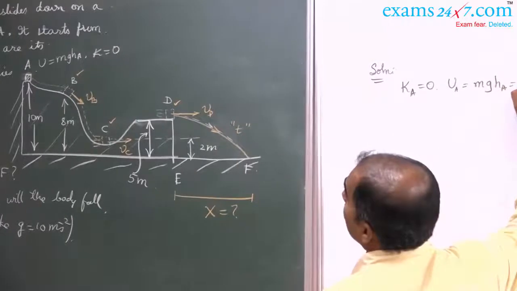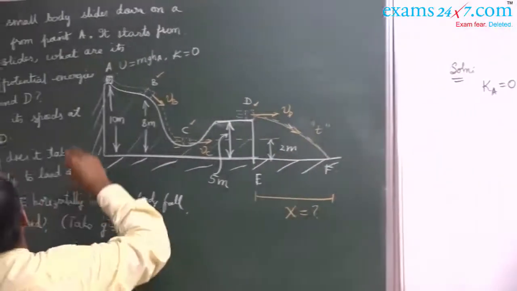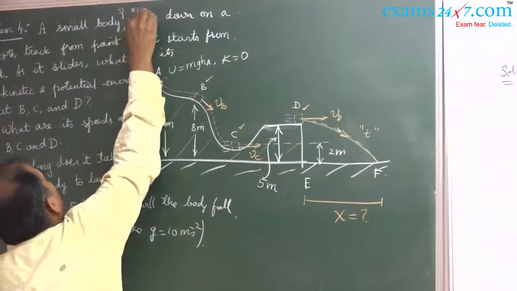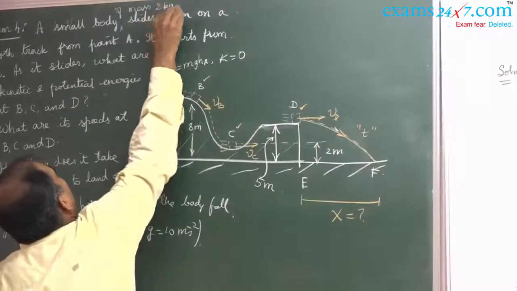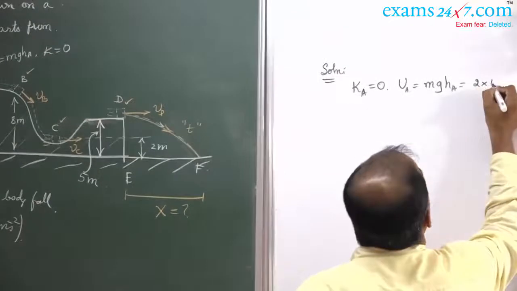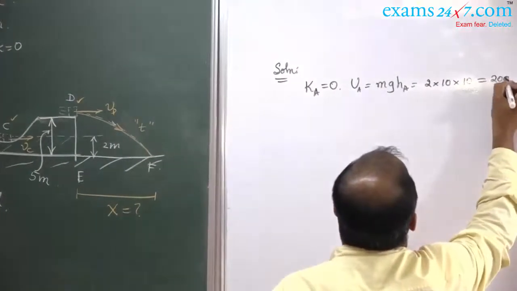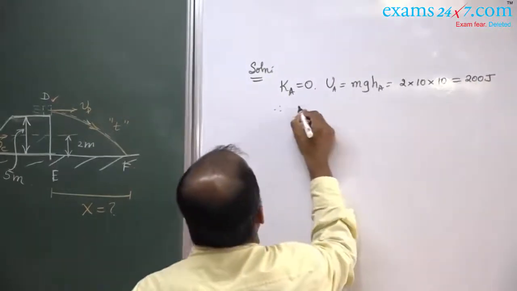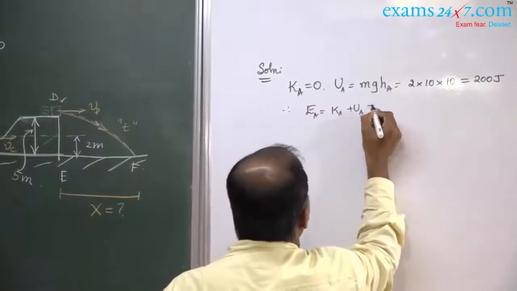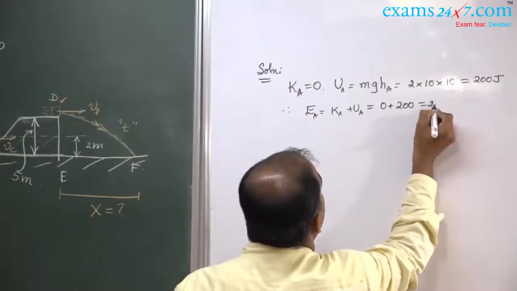M is not stated, so we can take the mass of the body as 2 kgs. So mass is 2 kilos, so 2 times 10 times HA, which is 10 meter, so you get 200 joules. So initial total mechanical energy at point A is kinetic energy plus potential energy, which is 0 plus 200, which is 200 joule.